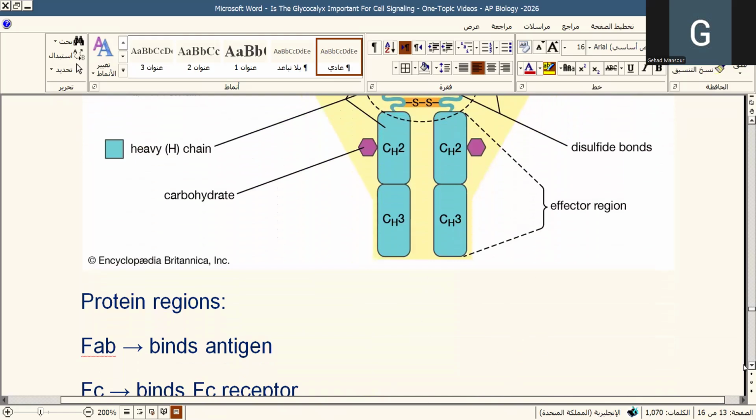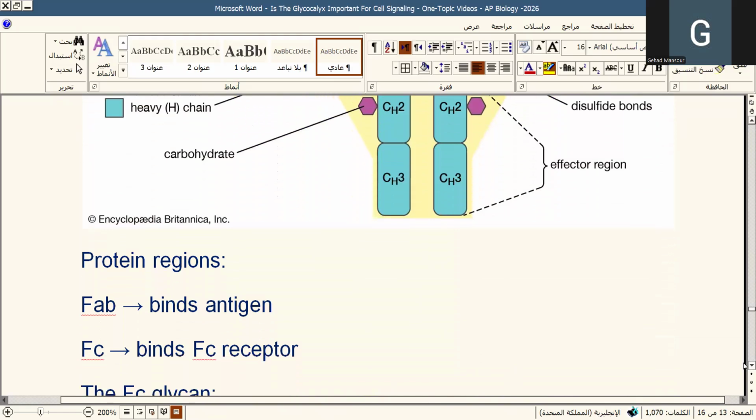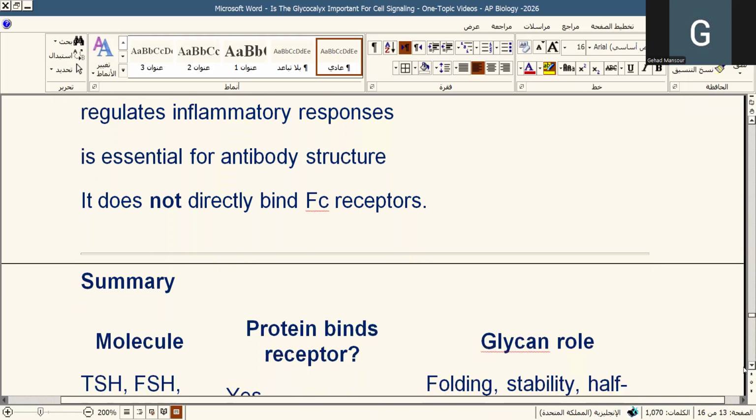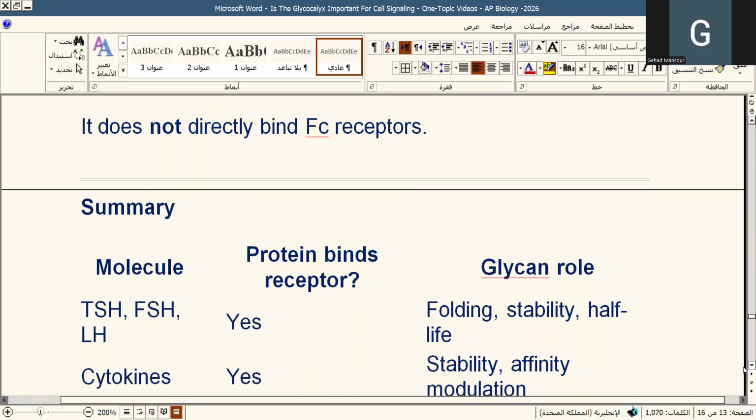So it has an FAB from one side that binds with the antigen to carry out an antigen-antibody reaction, and another FC portion that is the fixed portion. Why am I saying that this is fixed? Because this is variable. According to the domain, the specific domain, it will bind a specific antigen. So this is the variable portion, and this is the constant portion. But as I have just shown you, there is a carbohydrate moiety that modulates the shape of the domain, and therefore that modulates the function.